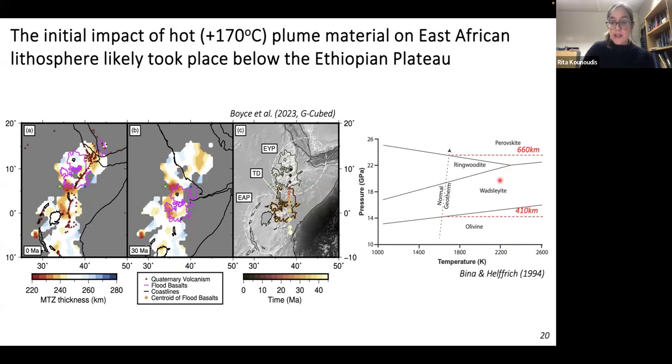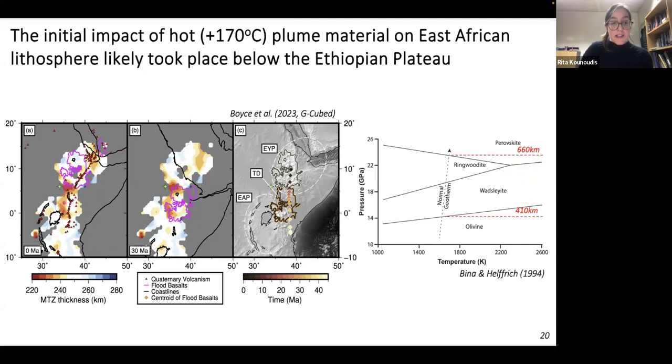So the plot on the right explains this. At low temperatures, the phase transitions happen at different depths compared to when you have hotter mantle, where 660 will be depressed and the 410 would be elevated. So you get a thinner mantle transition zone.